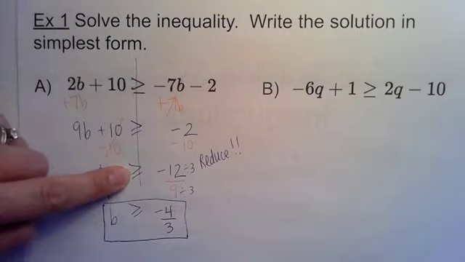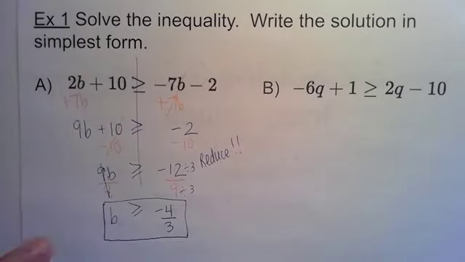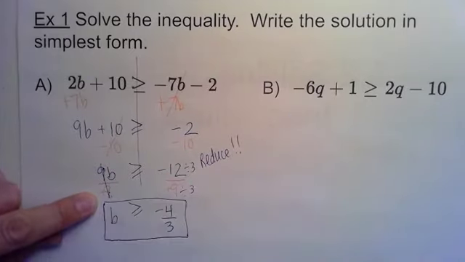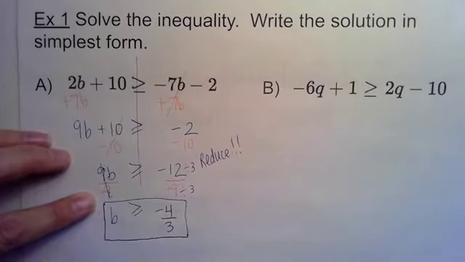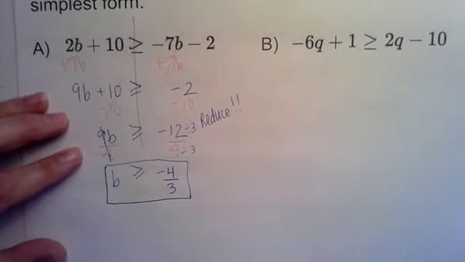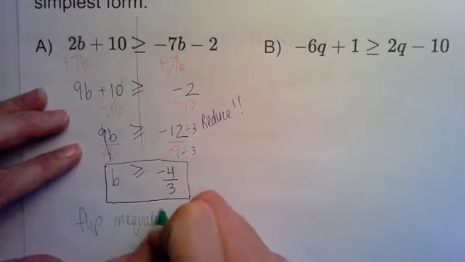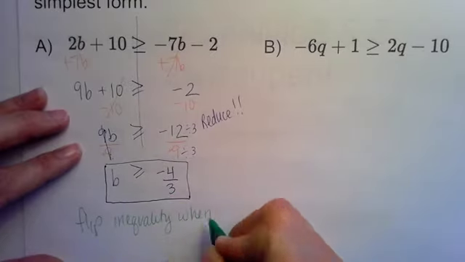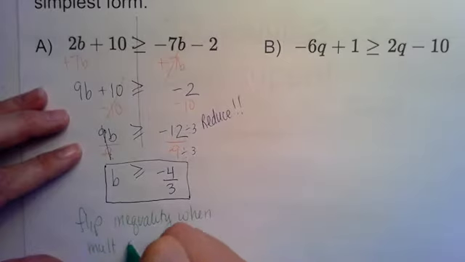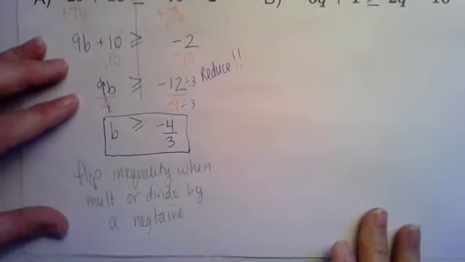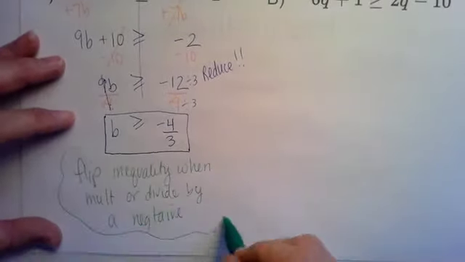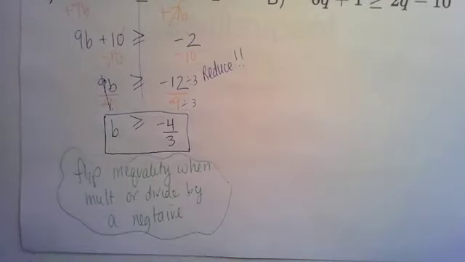Did we need to flip the inequality? No, because we're dividing by a positive 9, so we do not have to flip the inequality symbol. Please remember: flip the inequality when you multiply or divide by a negative.